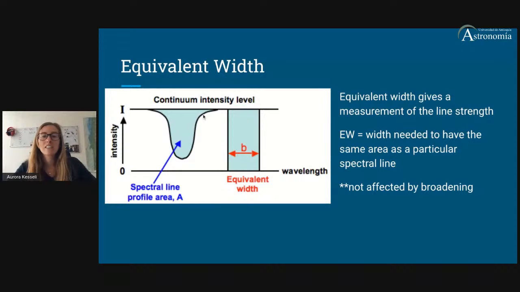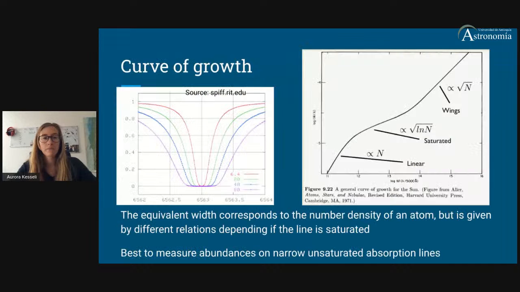But there's still the same amount of total absorption happening. It's just redistributed. And so the equivalent width doesn't care if the photons are being absorbed in the wings or in the center, as long as the line is not saturated, it's not affected by broadening.